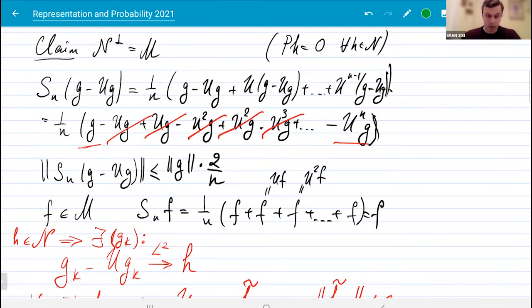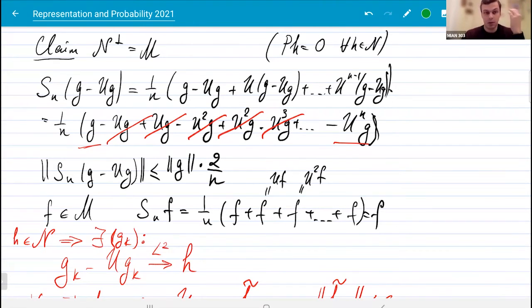Let me repeat it again. We just decompose our function into the part that belongs to M and the part that belongs to its orthogonal complement, which is N. Then for M, the situation is clear. The averaging doesn't do anything with such functions.